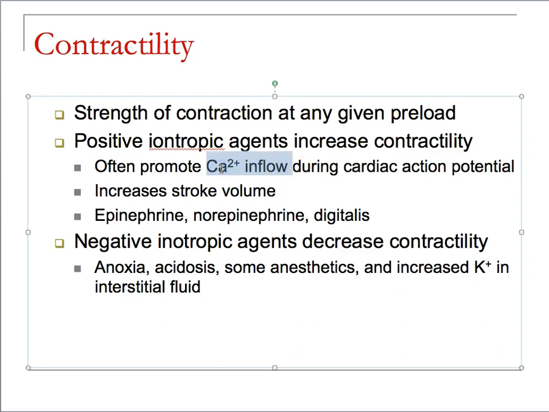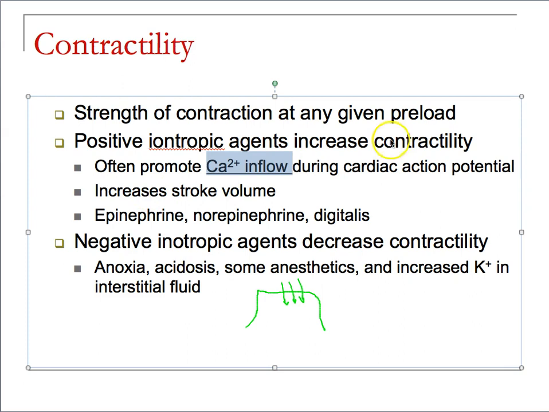Let's draw that for you. Anything that can increase the individual slow voltage cardiac channels that are opening here, as you have a depolarization, is going to increase stroke volume.